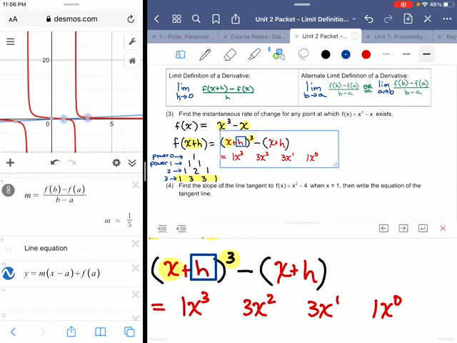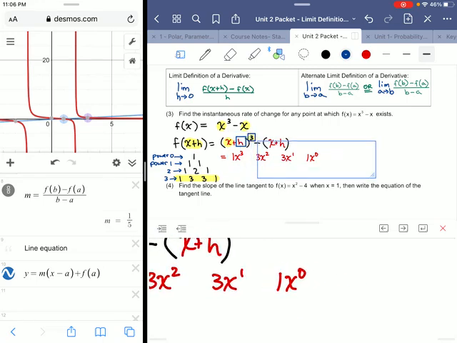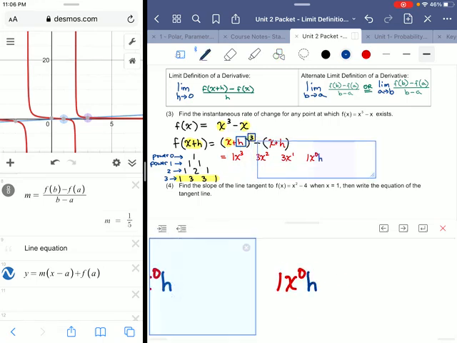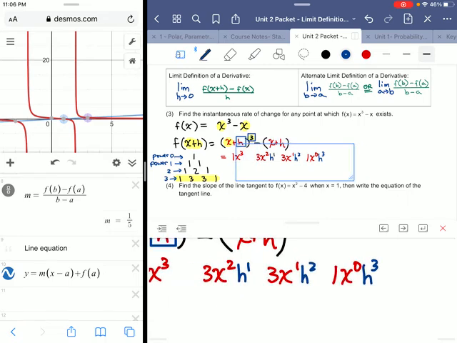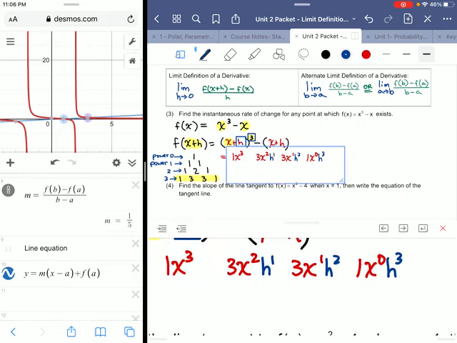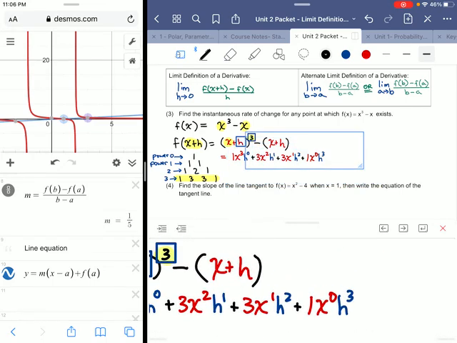So I have h also raised to the third power, but that's the end of the line, and we decrease that power as we work from right to left. Chuck in some positive signs, and then we clean it up a little bit. All right. And we also have that minus x plus h, so I might as well take care of that while we're here.